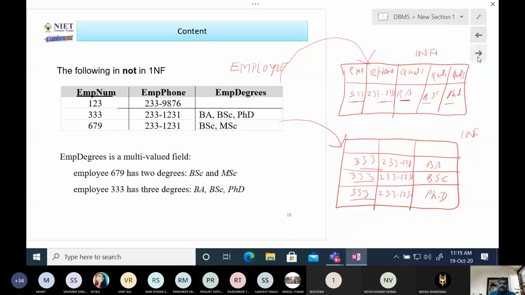Now we decompose this relation into two tables. In one table we group employee number and contact number, and in the second table employee number and employee degree. Now both are in first normal form.